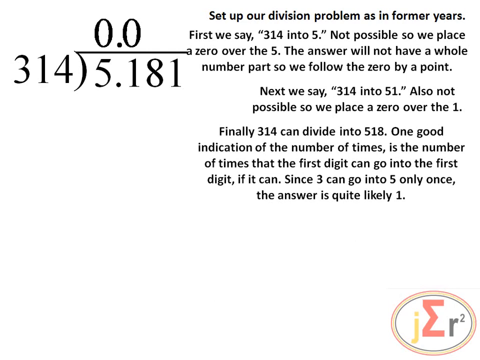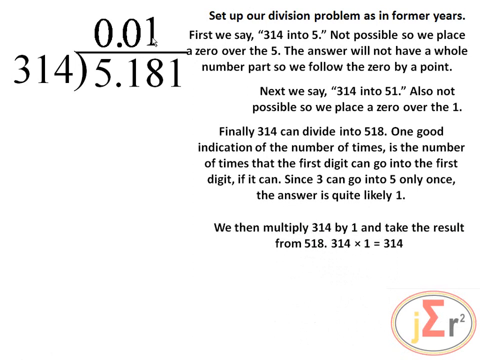If we subtract that from 518, the answer will be less than 314. So what do we do with this 1? We say 1 times 314 is 314, and we subtract it right there. So we multiply 314 by 1 and take the result from 518.